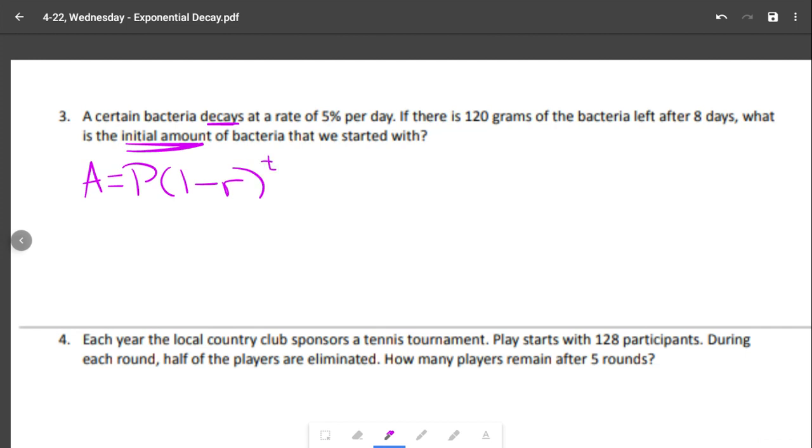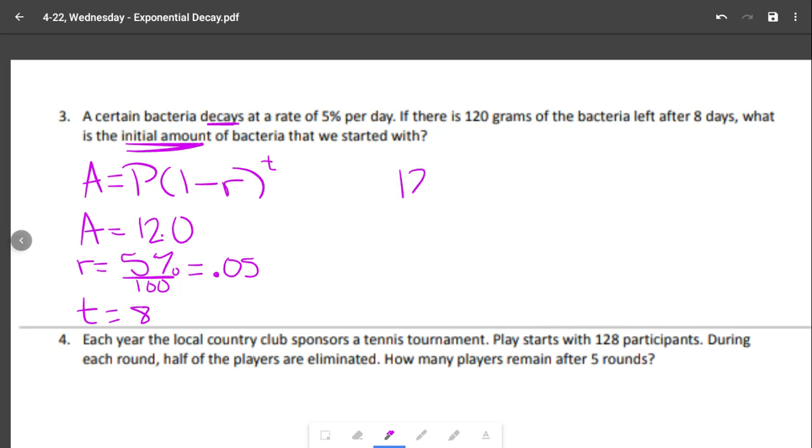That is what we are looking for. A, the final amount, is the 120. R, 5% divided by 100. We get 0.05. And T is 8. So we're going to plug this into the formula.